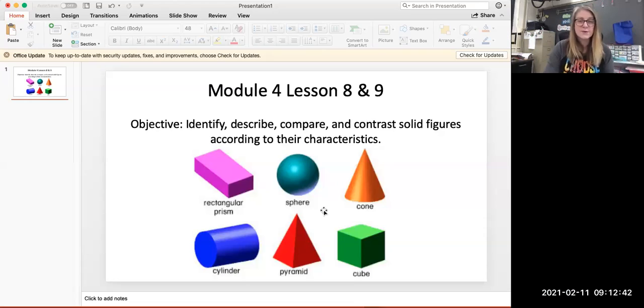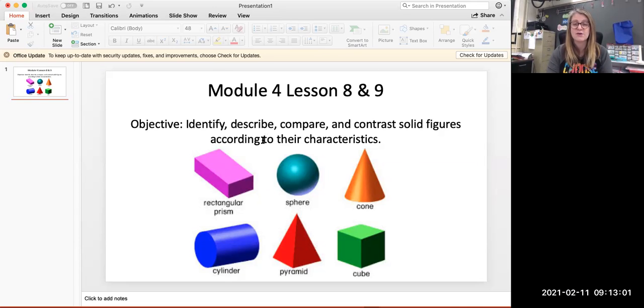So we are going to look at this slide real fast because this slide tells us our objective for lesson 8 and 9 in Module 4. So the point of this lesson is to identify, describe, compare, and contrast solid figures according to their characteristics.